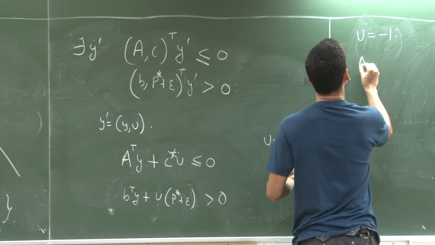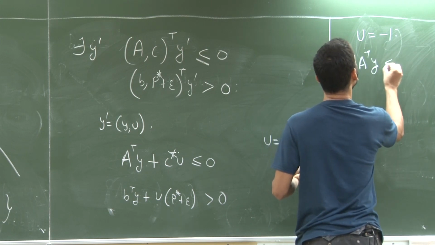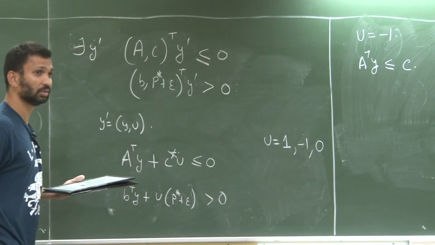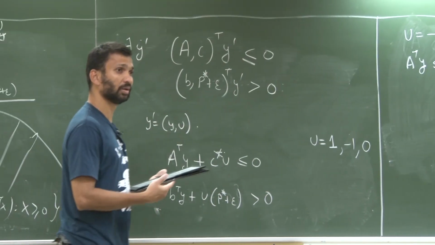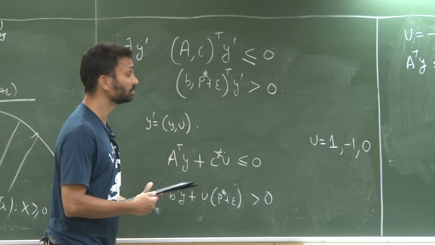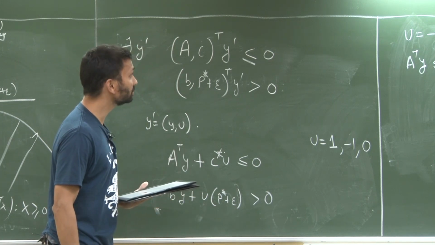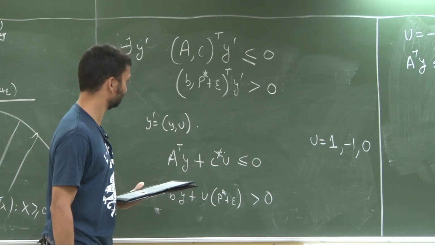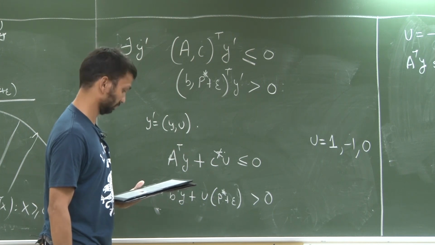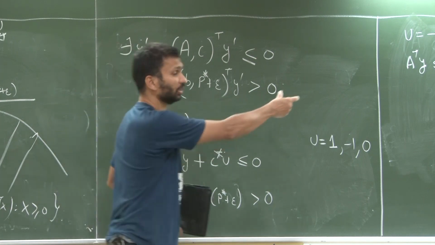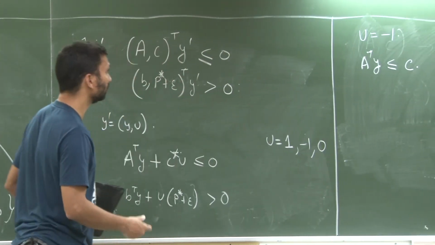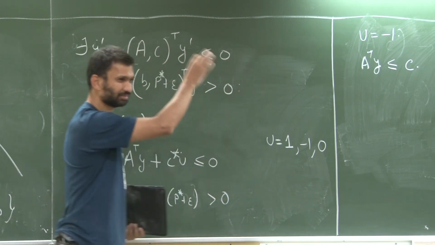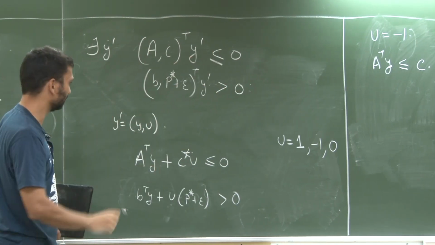Then I get that A transpose Y is less than or equal to C. Sorry? C is a vector. This is a vector inequality. So probably it is C transpose, but again, you have to match the dimensions.